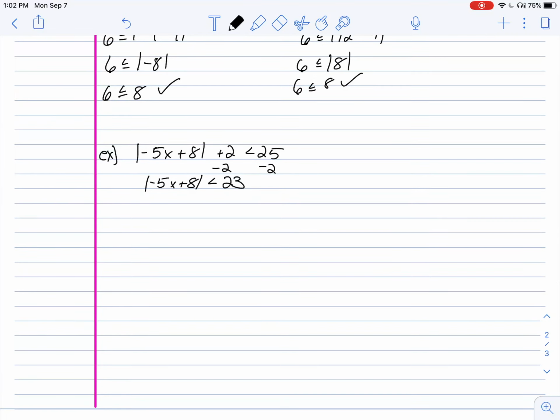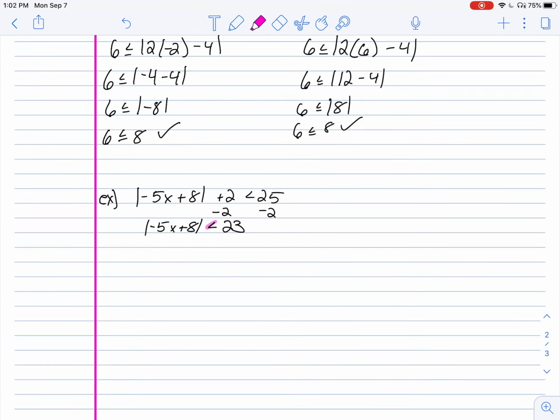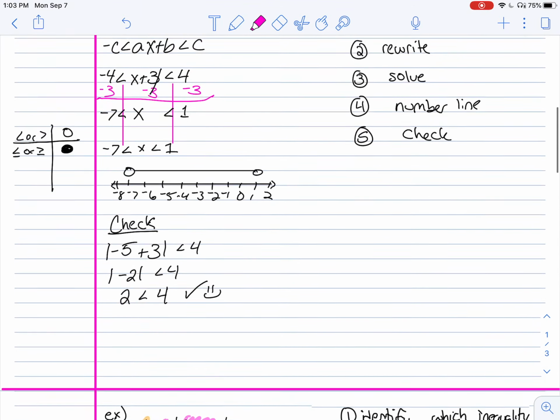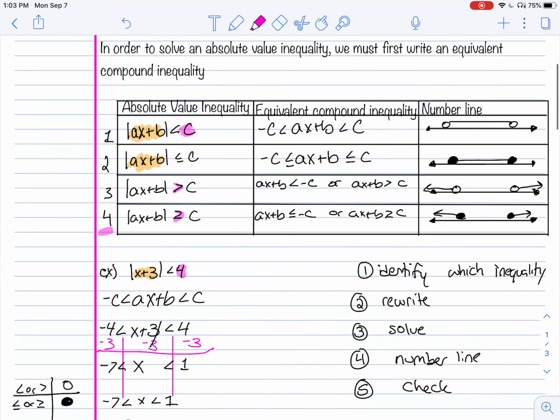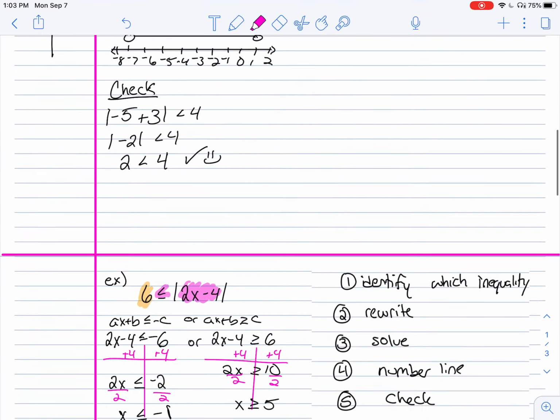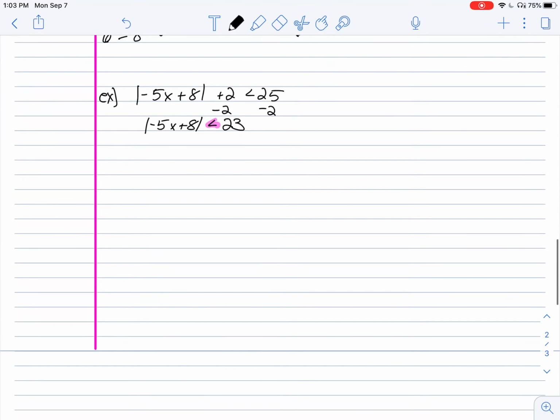So I have my absolute value inequality opening up to our number here. So that is going to be type 1. So type 1, I'm going to rewrite this as -23 is less than -5x plus 8, which is less than +23.